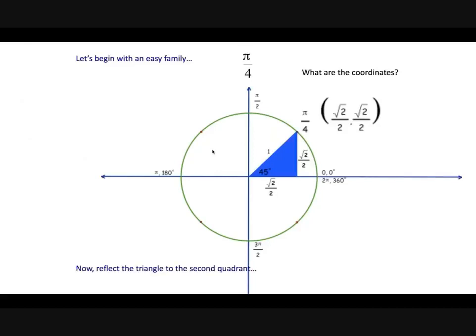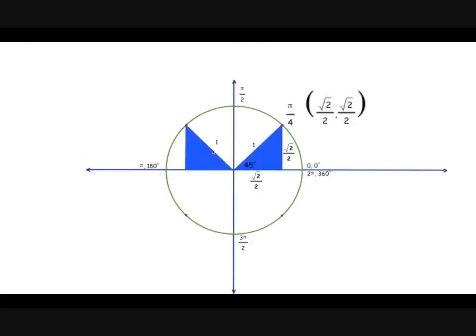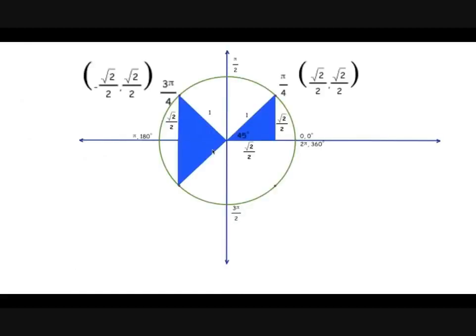So now let's take this and reflect it over the y-axis. Notice again, the only thing that changes is the positivity of your x value. It now becomes negative. And now we can do the same by reflecting this triangle over the x-axis again.